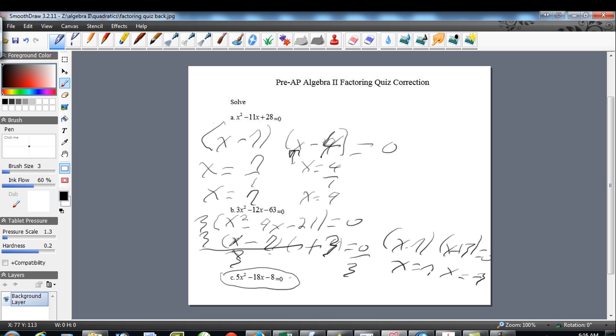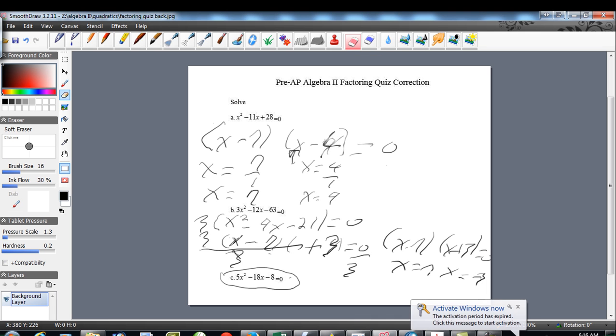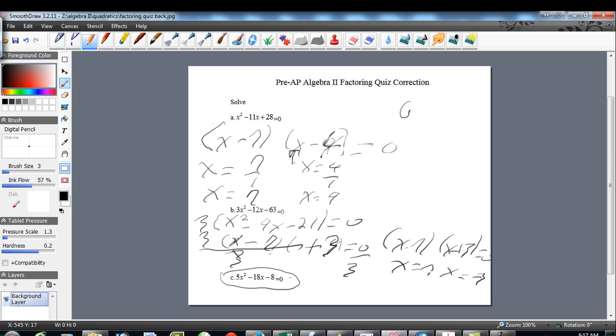Actually, I'm going to clear all this right here so I can have room. Grab the eraser. Okay, didn't want to erase. No big deal. We'll just keep cooking.